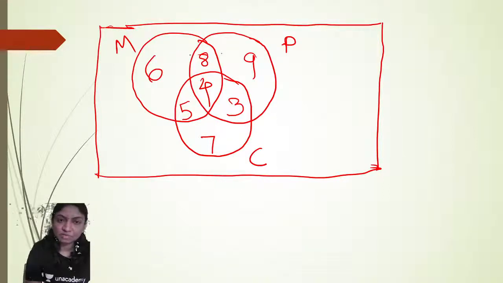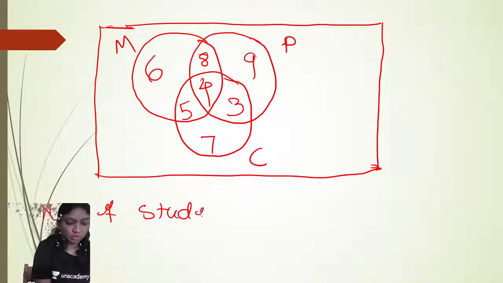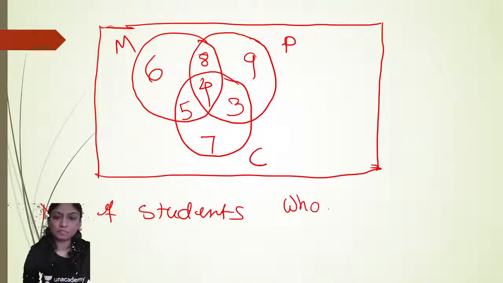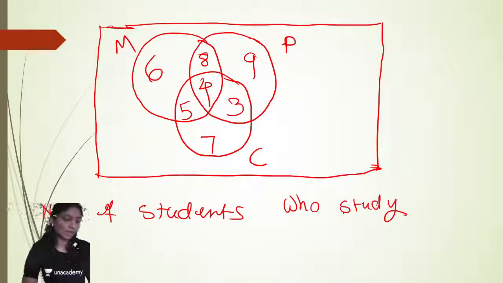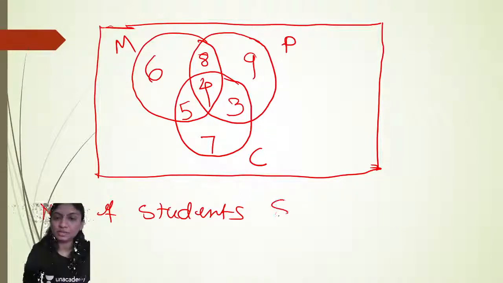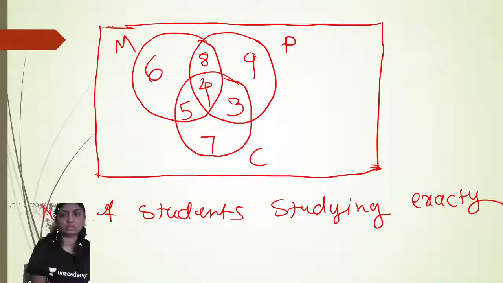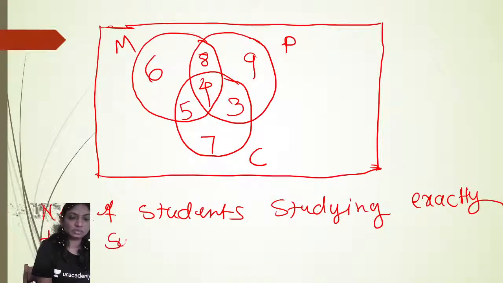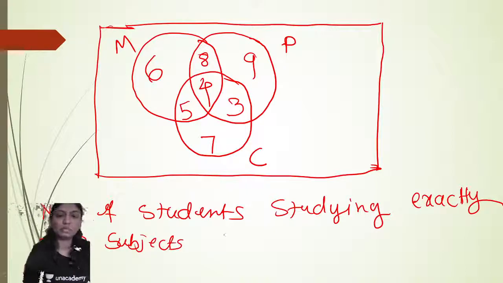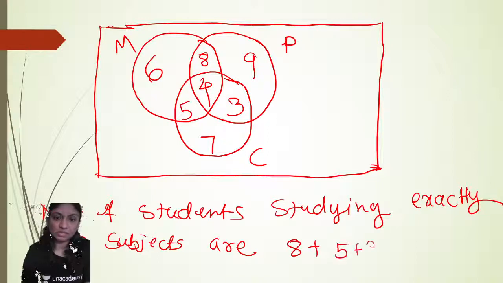So exactly two subjects is maths and physics, maths and chemistry, physics and chemistry. The number of students studying exactly two subjects are 8 plus 5 plus 3, right?